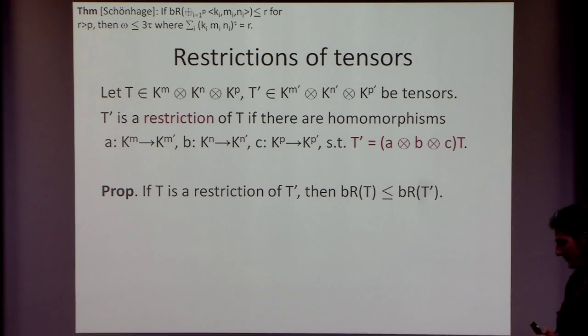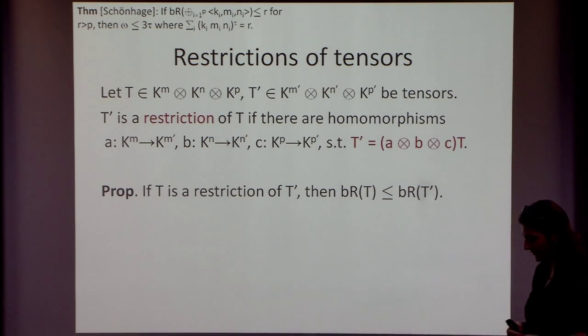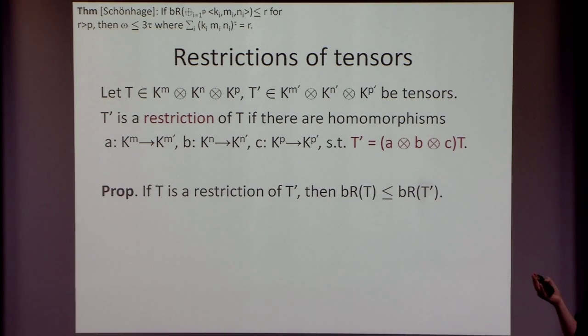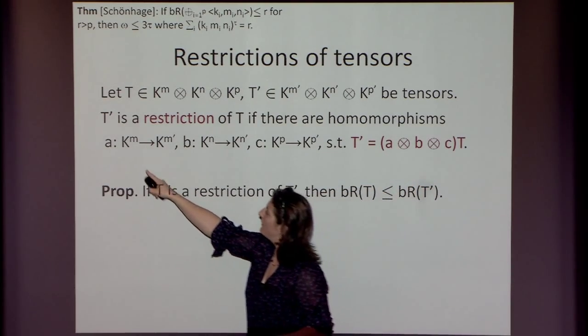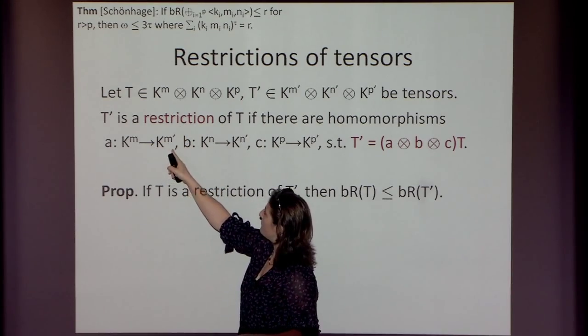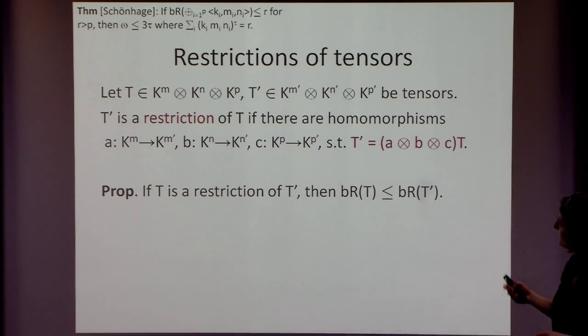Okay, so suppose I am working with a tensor that's not a direct sum of matrix products, but maybe it looks like this in the following way. There's this notion of restriction of a tensor, which basically, if the vector spaces have the same dimensions, is like a change of coordinates. But if they're not, it's just three homomorphisms that take each vector space to the vector space of the other tensor.